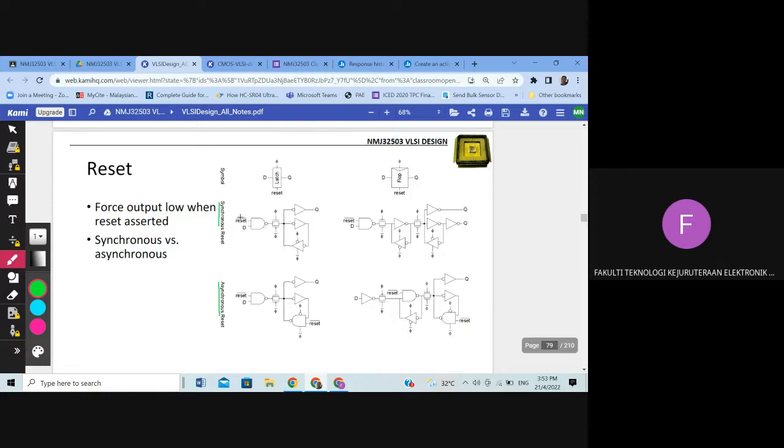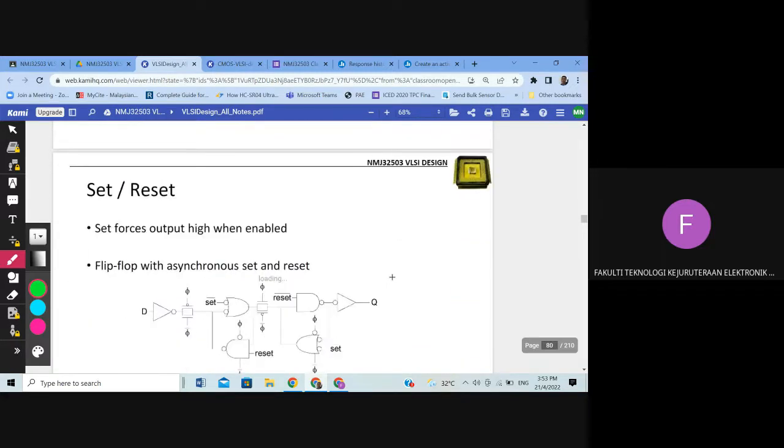We have an additional 2-input NAND gate that will reset the latch or the flip-flop. Similarly for your flip-flop.